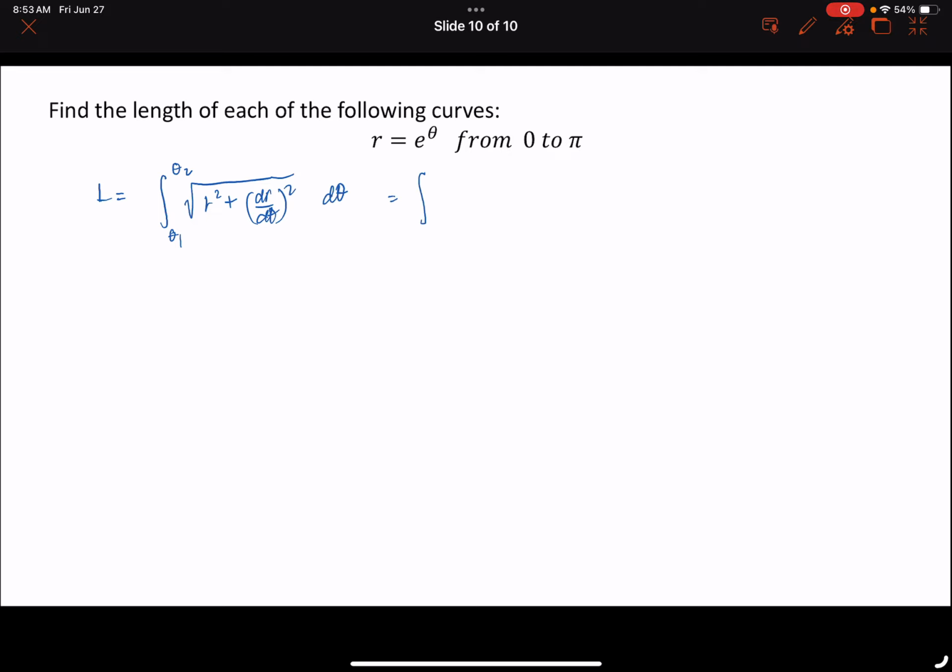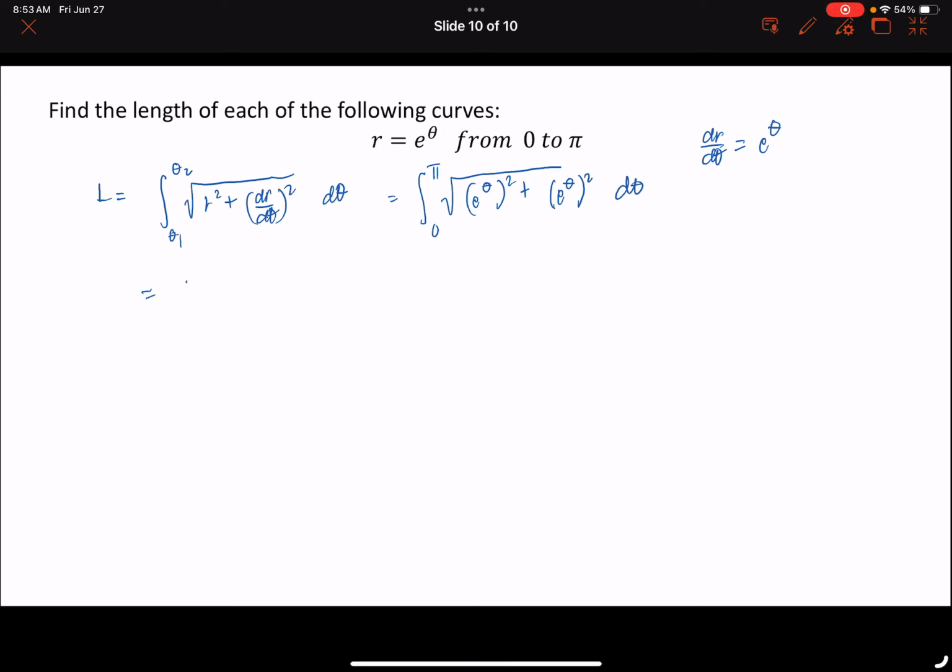So we have the integral of the square root of e to the theta squared plus e to the theta squared, because dr over d theta is equal to e raised to theta as well, d theta from 0 to pi.